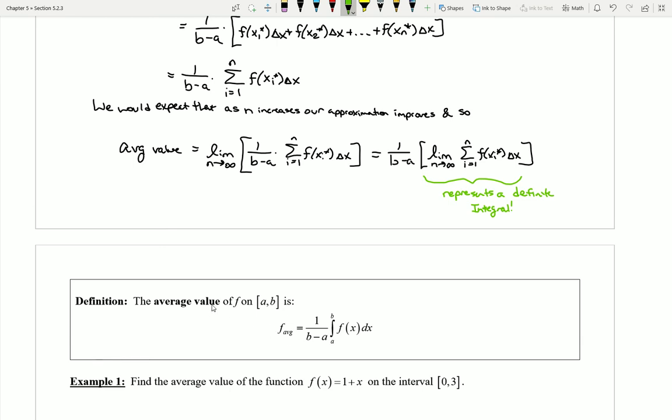Now in the videos to come, we'll take a look at some examples where we'll try to practice utilizing this idea and finding average values of some functions. But for the moment, you should pause and be amazed at the fact that somehow, the area under a curve was linked to finding the average height. How weird is that?